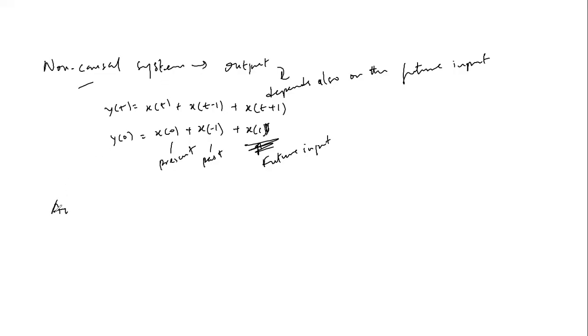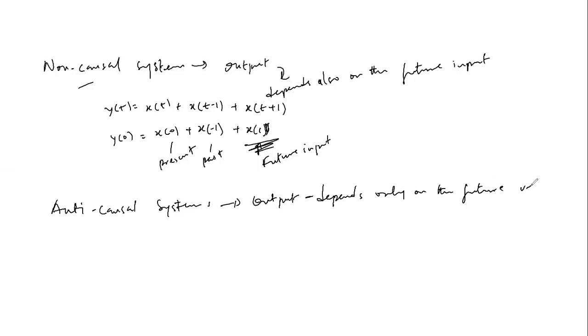And then we have anti-causal systems. So these systems' output depends only on the future values of the input.